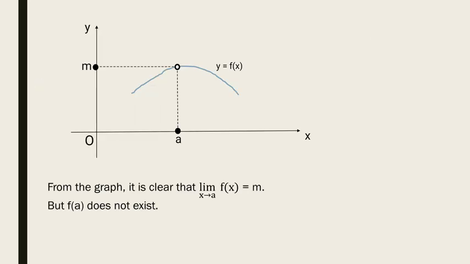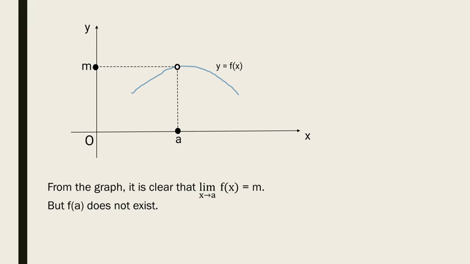If you observe the graph, when x is approaching a, the functional values are approaching what? M. So the limit as x tends to a of f of x is equal to M. But at a, the graph has a hole, which indicates that there is no graph at the given point a, which indicates that the function is not defined at that point.